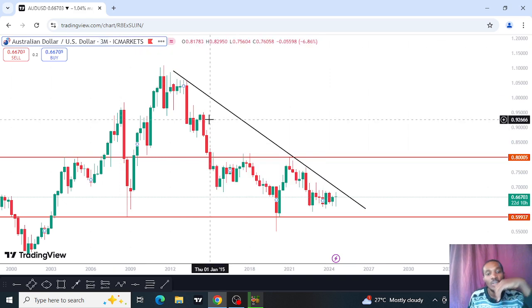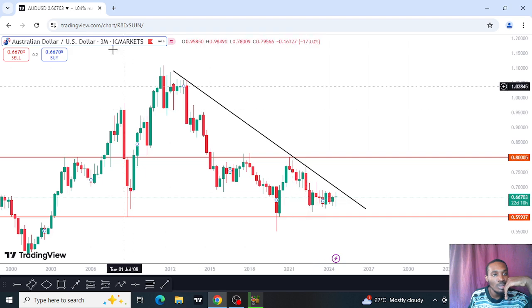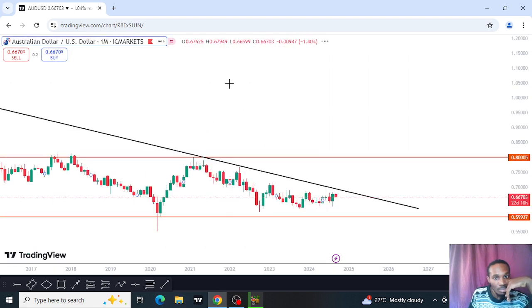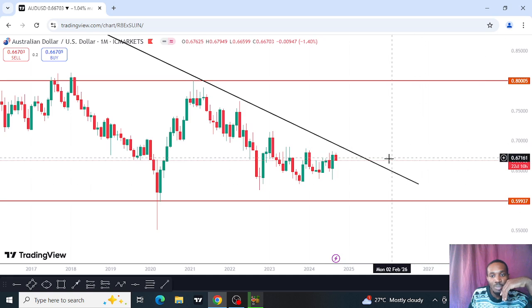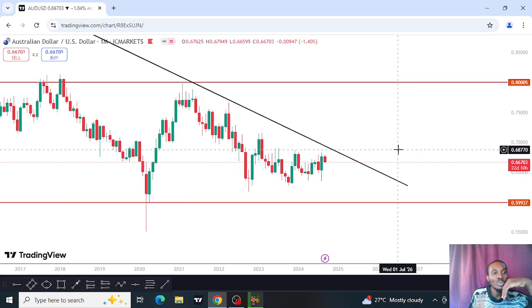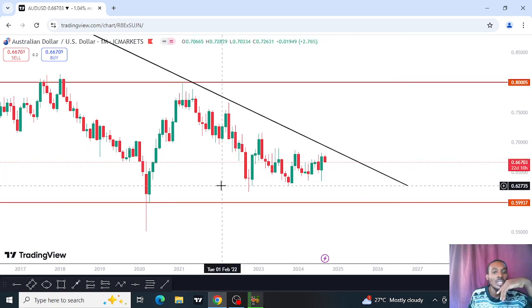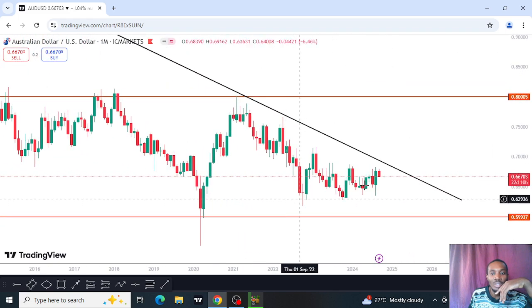So let's go to the monthly. So like I said, this monthly is telling me bearish. Whenever I come to AUD USD, I see a bearish trend. Exactly. Nothing more, nothing else.